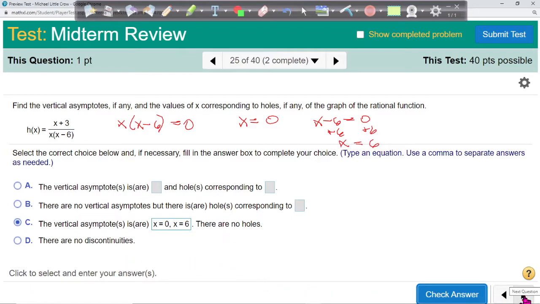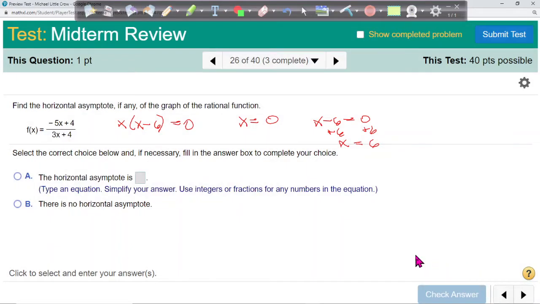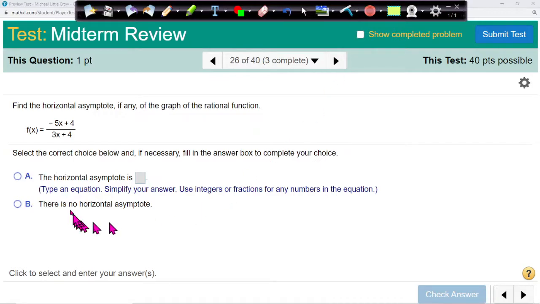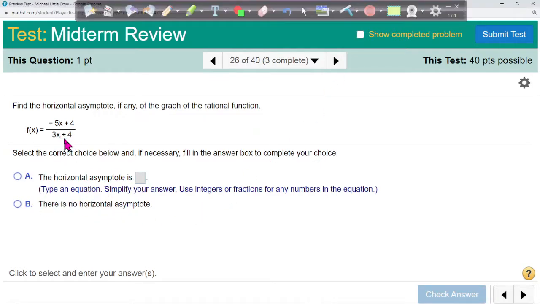Okay, let's go to the next one. Let's get at least a 30. And here's, let's clear this out. There are no horizontal asymptotes, are there? So again, what we look at is the numerator and denominator, are they like factors? They are not. They don't cancel out.